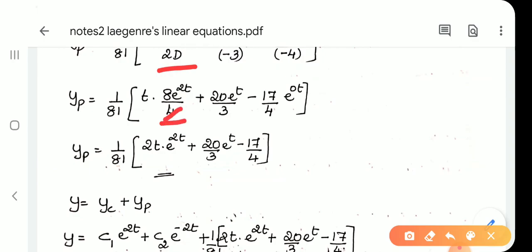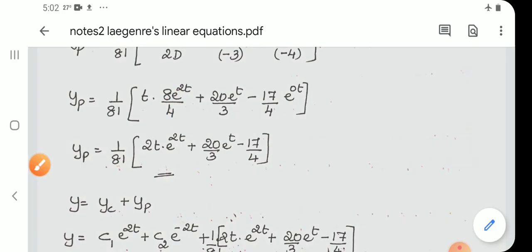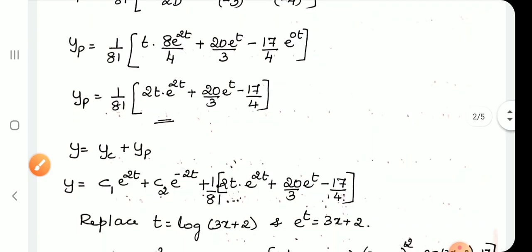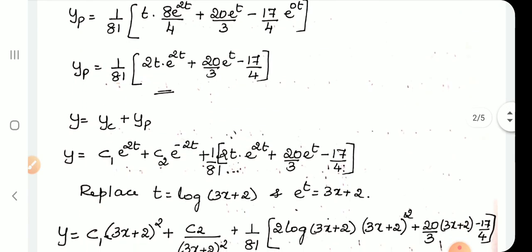So 4 when divided by 4, we get 2. So here the final yp becomes 2t e power 2t plus 20 by 3 e power t minus 17 by 4.